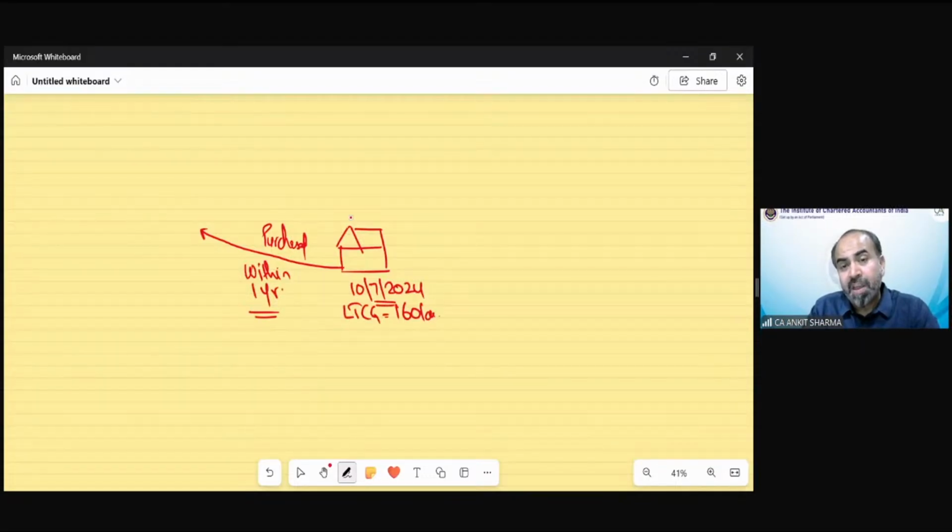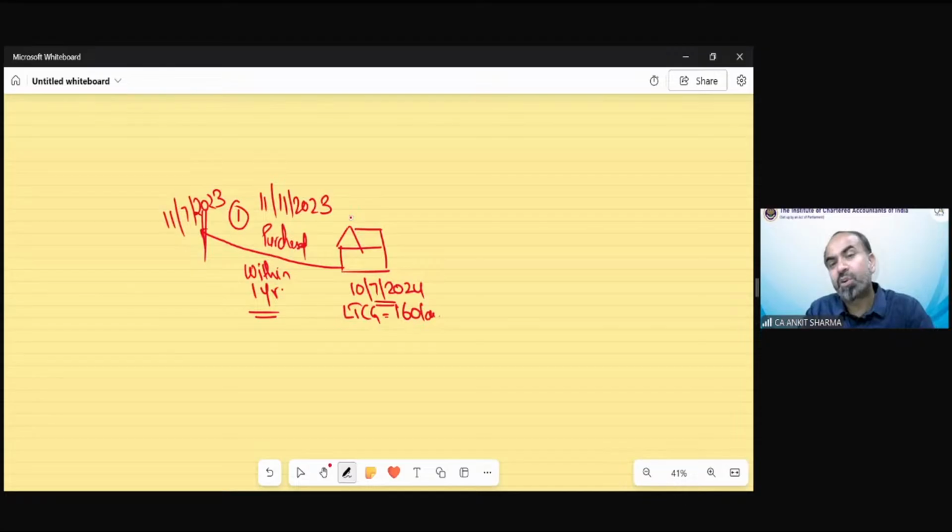So we have transferred the house on 10th July 2024 and we are having a gain. Suppose we have purchased a house on 11th 2023. So that is between 1 year from the date of transfer. So the date would be this.